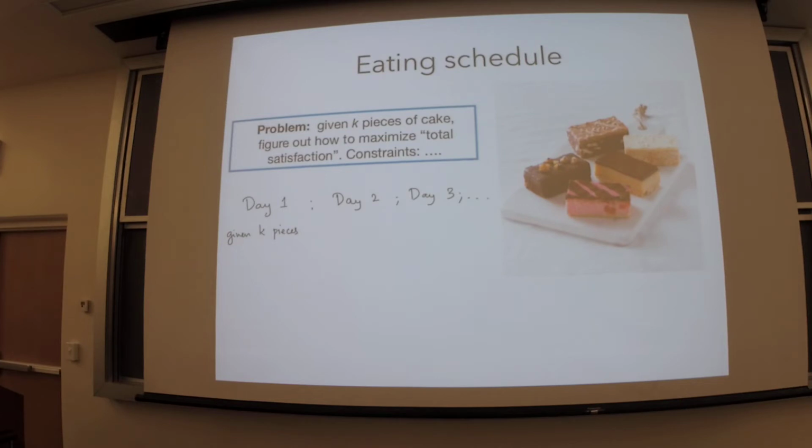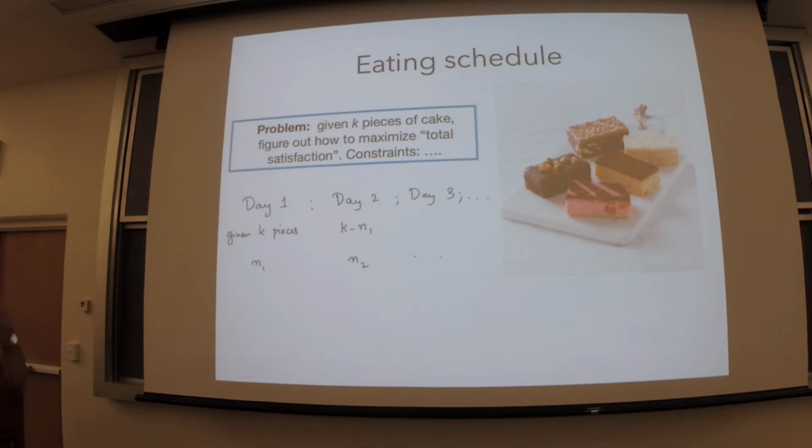So you eat, let's say, some n1 pieces on the first day, and you save the rest for the next day. Now you have k minus n1 pieces left, and you eat some n2, and so on. Now, what is the satisfaction you get? I define it as follows.